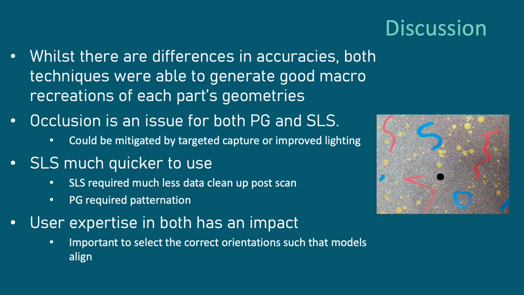Structured light scanning was much quicker to use than photogrammetry, and this is due to structured light scanning requiring much less data cleanup post-scan, and the fact that photogrammetry required patination of surfaces, like in this picture to the right. And in both techniques, user expertise has a significant impact, as it's important to select the correct orientation such that models will align and they can be stitched together when making a 3D model afterwards.